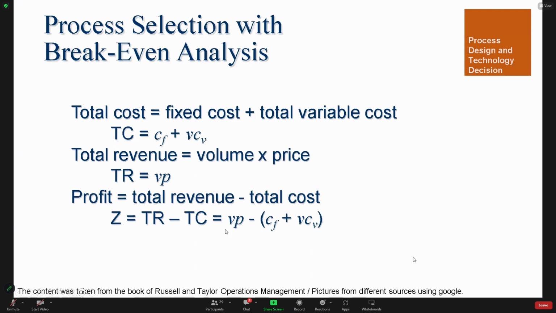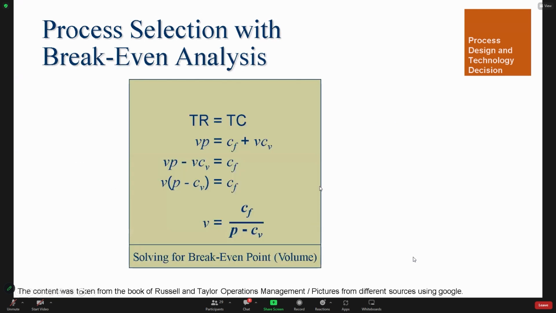TR minus TC is equal to VP minus, okay, CF plus VC, variable cost. Okay. Now, so this is now your formula for break-even point in volume, number of units. So that is your fixed cost over your price minus your variable cost. Ayan po siya.